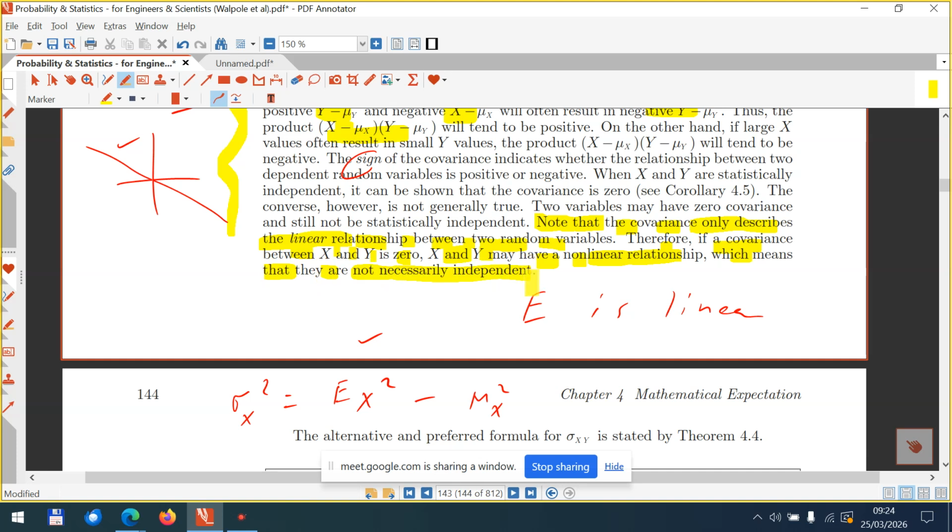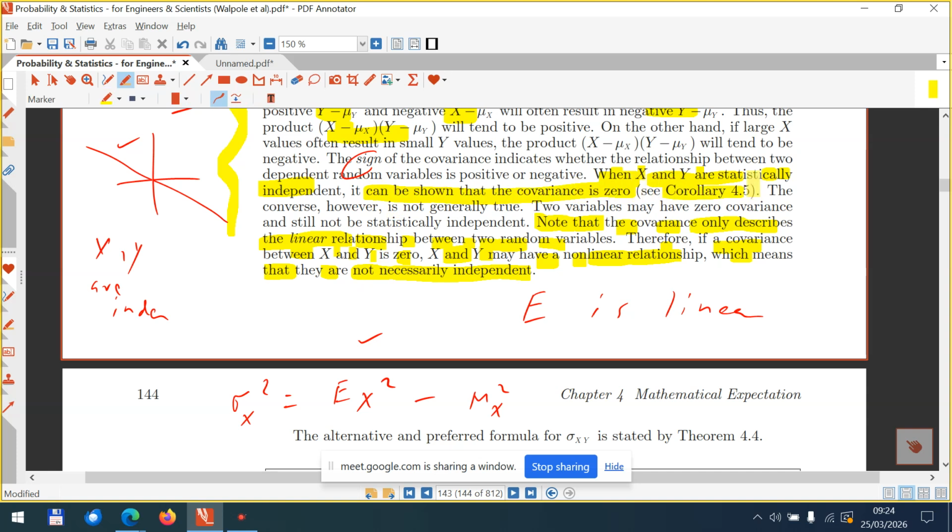And you will also learn something else, which I didn't tell you so far. If x and y are statistically independent, let's say you know x and y are independent, just like I said on the other page, when you can factor the distribution, then you can show mathematically that the covariance will be zero.